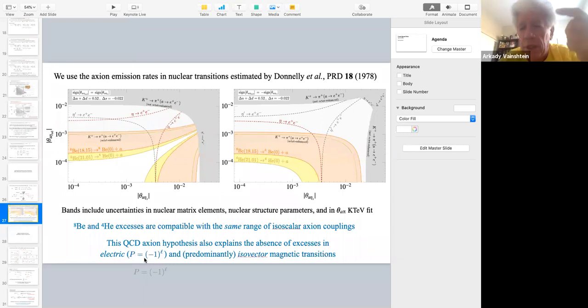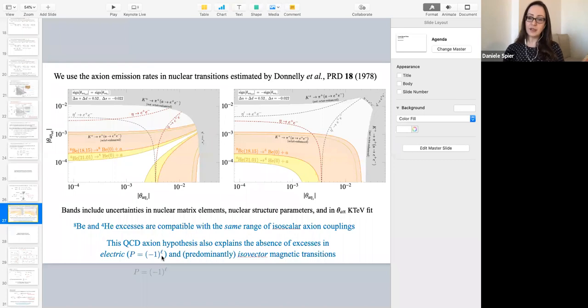Yes, so it is for the emitted particle in this sense. Right. So the axion cannot be emitted in electric transitions because it's not compatible with the angular momentum and parity that you would need to carry away for these transitions. So this is also a natural explanation as to why there is no observation of axion emission in any of the many electric transitions that have been observed.